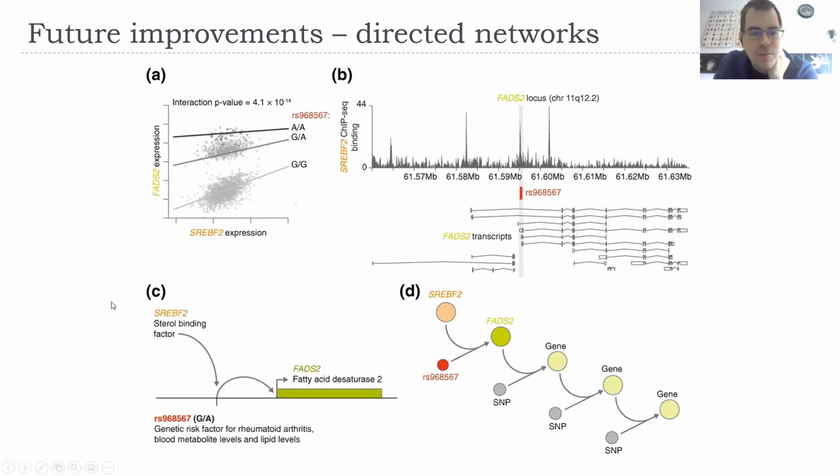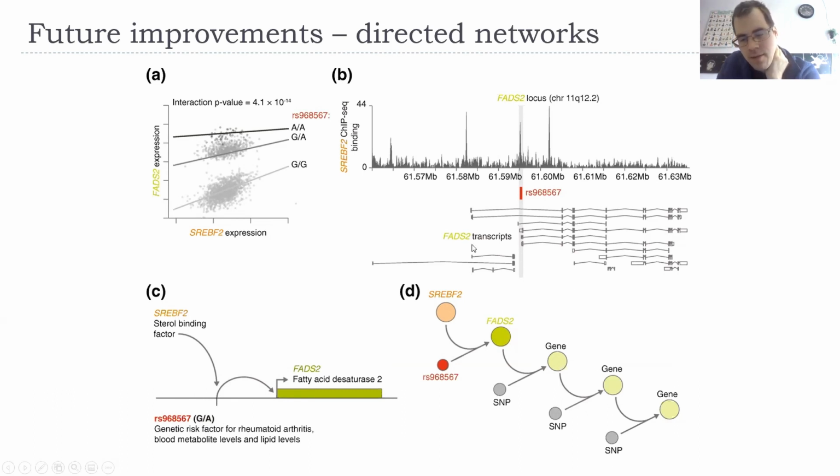And these two things combined make such a plot very plausible, where we have this eQTL effect of rs9685667 on FADS2. So this is a genetic regulator, but also SREBF2 is binding there with a different affinity, and that is likely a regulator of FADS2.